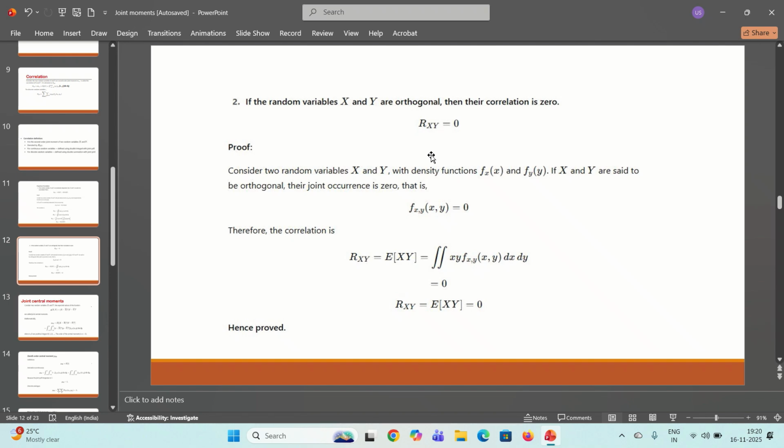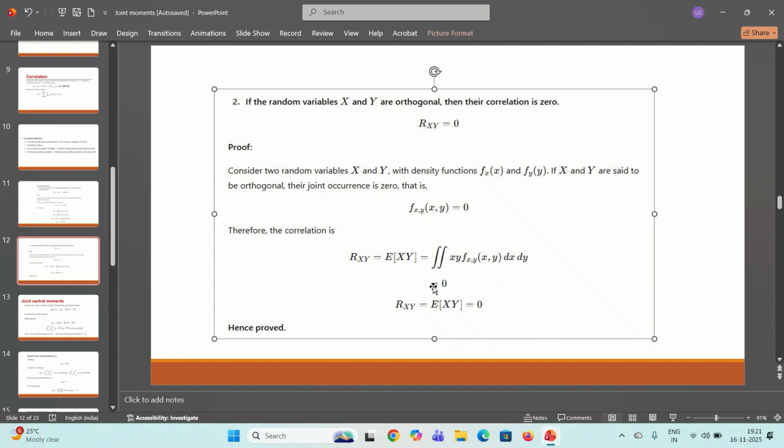That is, f of x comma y of x comma y equals 0. Therefore, the correlation Rxy equals expectation of xy, which equals the double integral from minus infinity to infinity of xy along with its joint density function, which equals 0. Hence, it is proved.